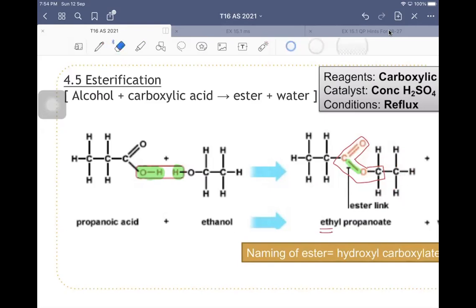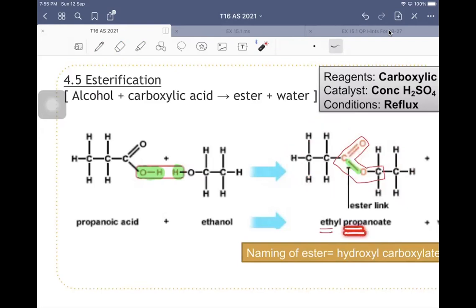So that side has the ethyl part of the name, and then the other side, the carboxylate side, don't forget to include the carbon of the C double bond O. There are 3 carbons here, so we call it propanoate.